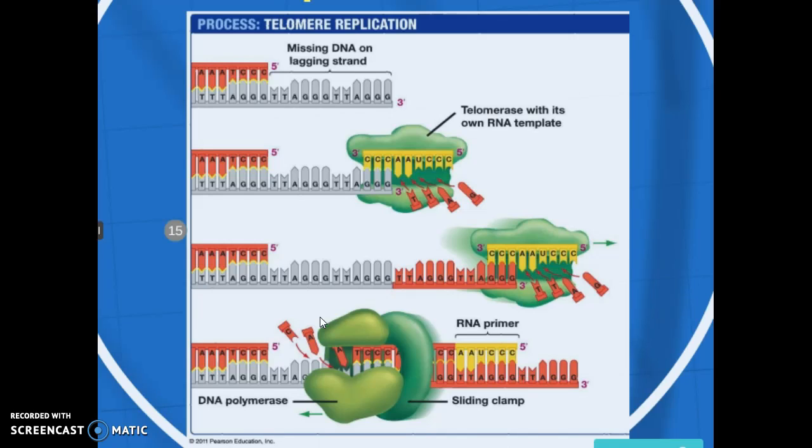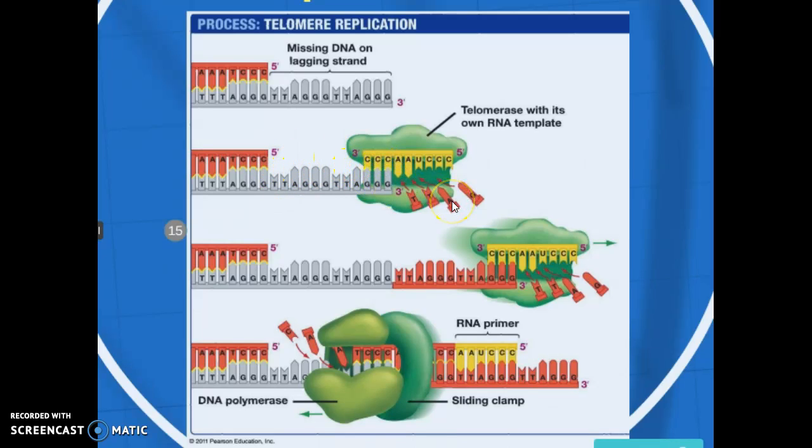Here you can see the telomeres and the telomere replication. So this is a missing DNA on the lagging strand. The lagging strand just had the primase here at multiple areas. When you remove that primase from that top strand here, you're missing the rest of this replication.